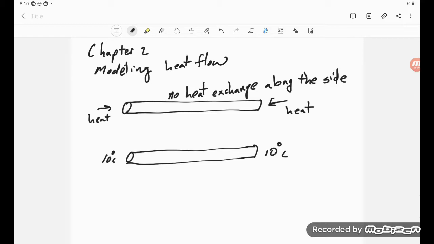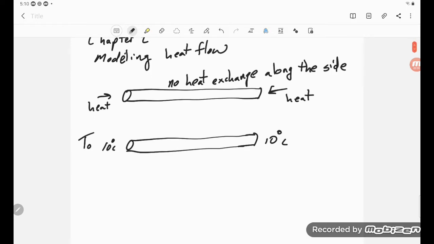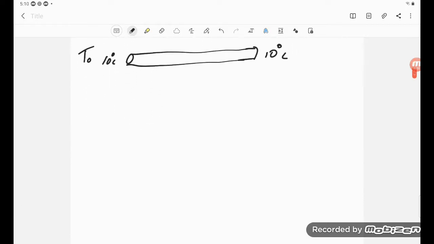So it could be any temperature. And this would be our T0, temperature 0. Okay. Now, once that's reached a nice steady state at 10 degrees through the whole thing, I guess you'd have sensors, or you just have done this enough, you know how long to keep it there, whatever.